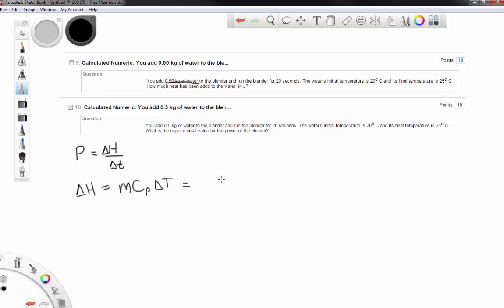So we have 0.5 kilograms, and then that needs to be times whatever the specific heat capacity of water is, and then the initial temperature is 20 degrees C, the final is 25, so we could put 25 degrees C minus 20 degrees C. And all we need to do here is just get this specific heat capacity for water.